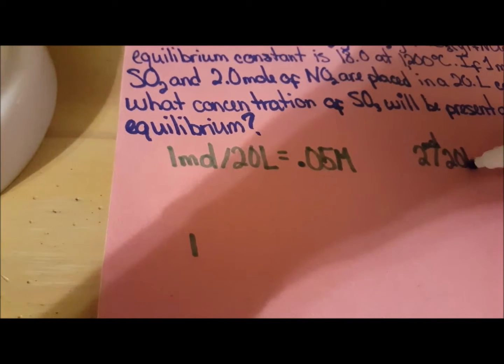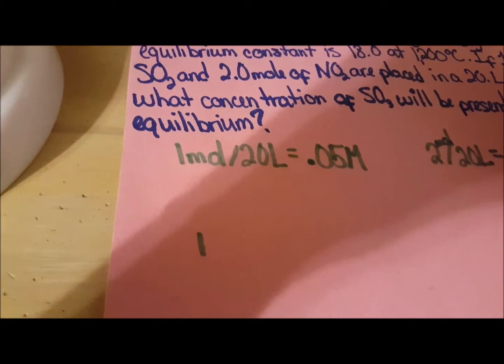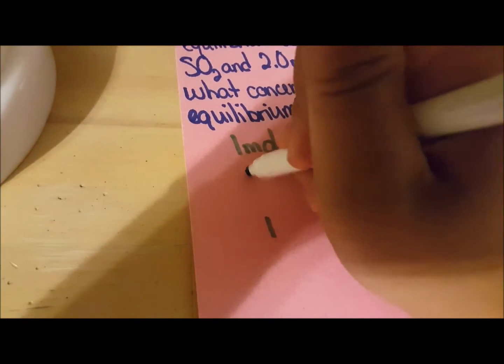And 2 moles divided by 20 liters is equal to 0.1 molarity. From this, we can simplify this even further using an ICE table.